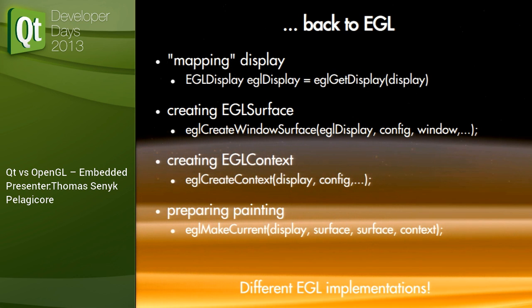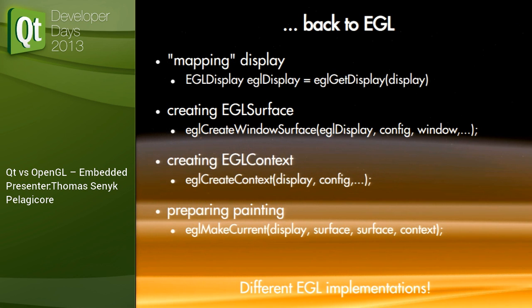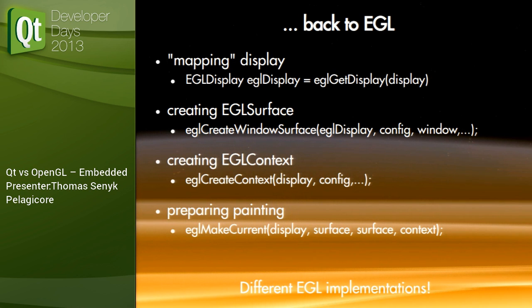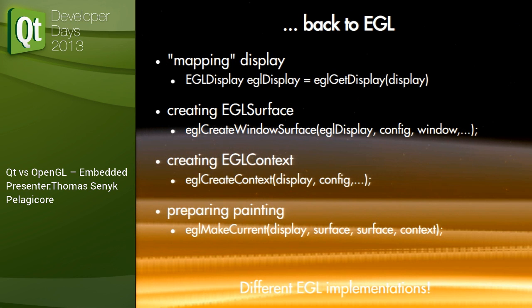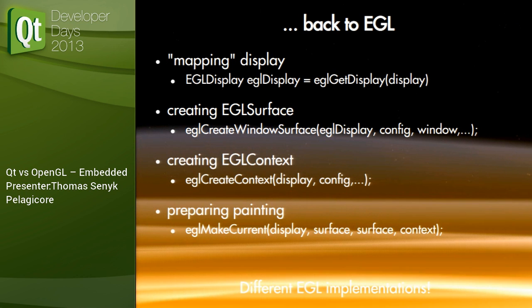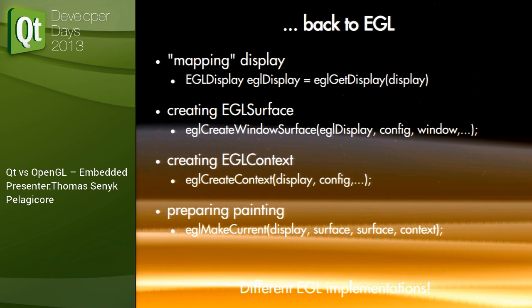You create a surface for the window. The window is just the handle to take care of all the window management stuff: mouse events, focus, maximizing, and all that stuff is handled by the window. And the actual content of the window is the window surface. You create that with EGL because it needs to be an OpenGL resource to be able to paint with it using OpenGL.